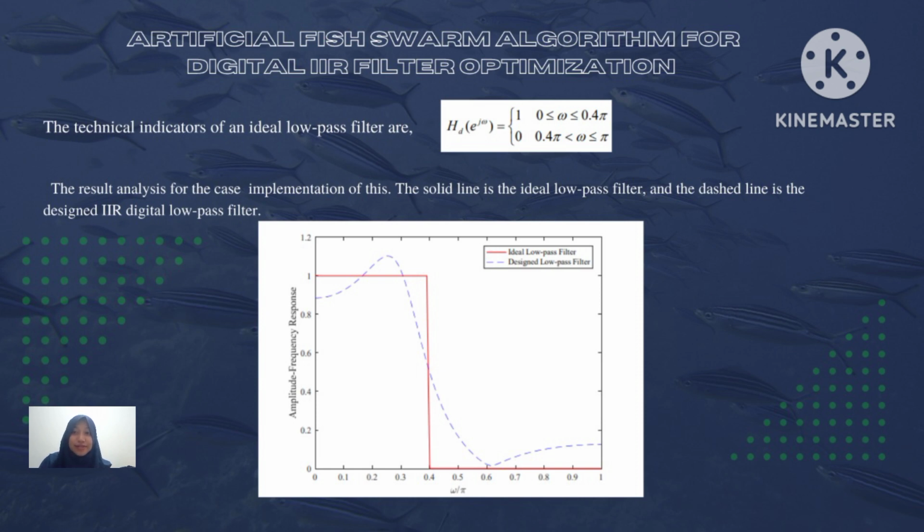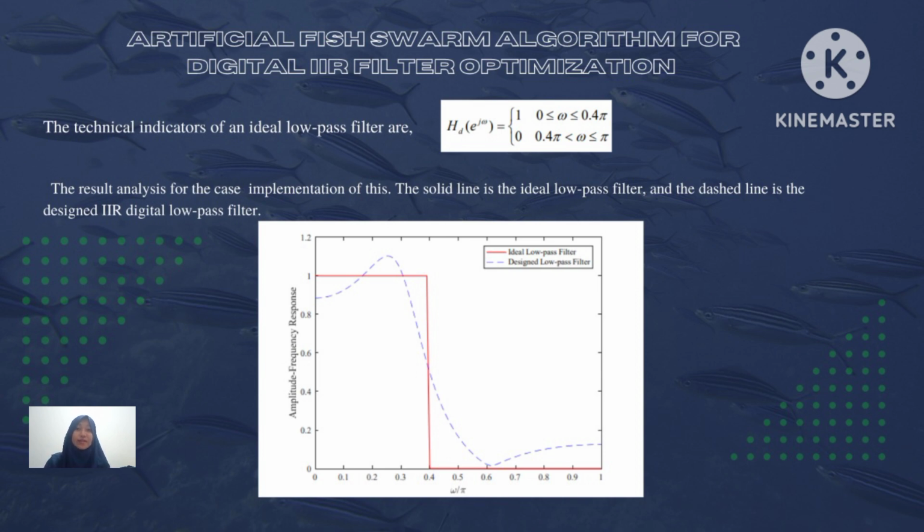This is a case implementation of the artificial fish swarm algorithm with IIR filter optimization. For the techniques of this, we use the function you can see in the PowerPoint.